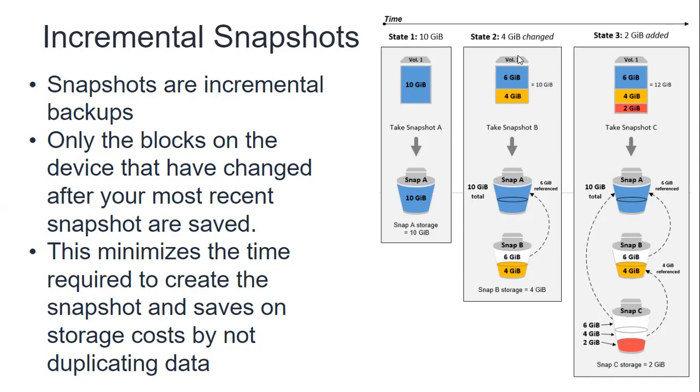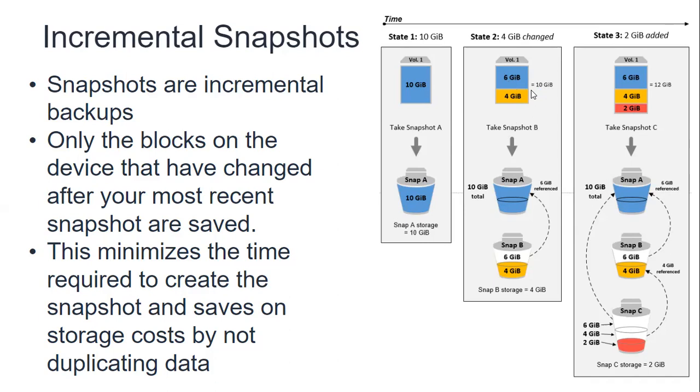Now, at stage 2, maybe that's tomorrow. So today we were working on our instance, which would write or update our volume, and we happen to change 4 gig of data. Mind you, we didn't add any data, we changed.